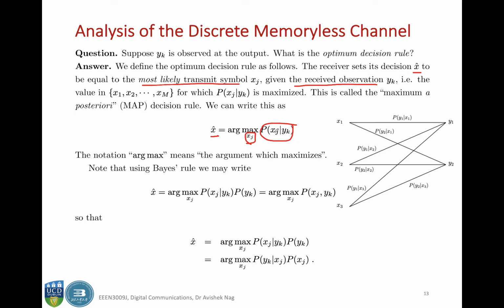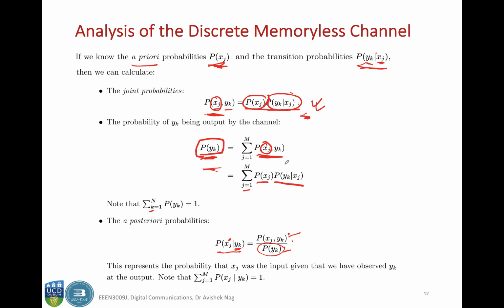So basically, what value of xj maximizes this probability? So if you look into this probability of xj given yk, this is basically the a posteriori probabilities, as you saw in the previous slide. So this is the a posteriori probability, and the a posteriori probability is a function of xj.